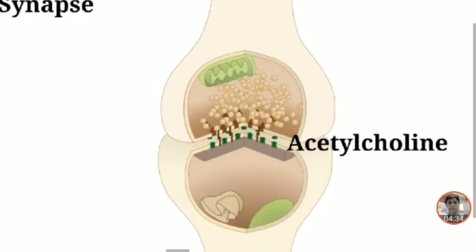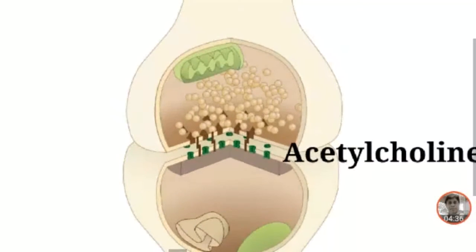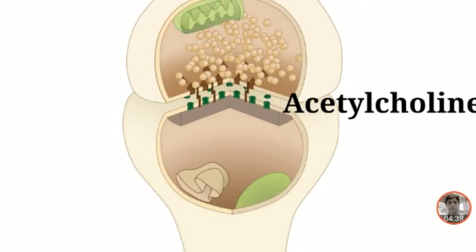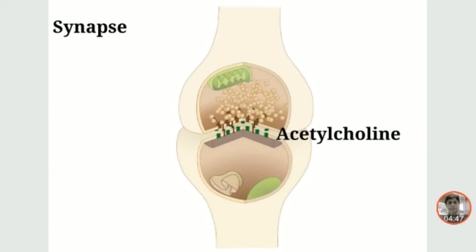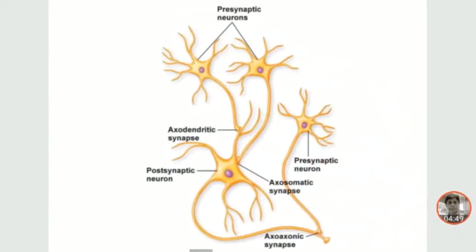Synapse is a micro space between two neurons where acetylcholine is secreted as a neurotransmitter. So this is a synapse between two neurons. Synapses may be of different kinds.